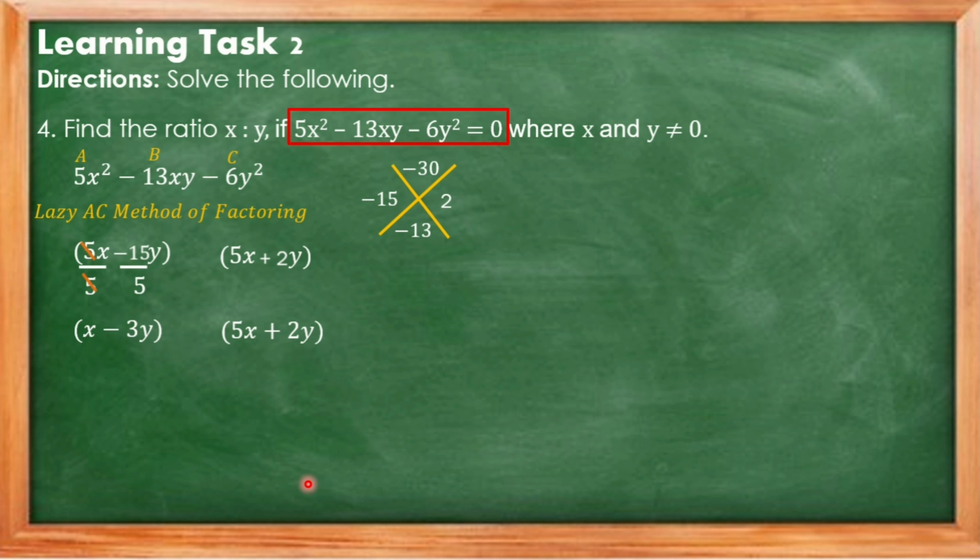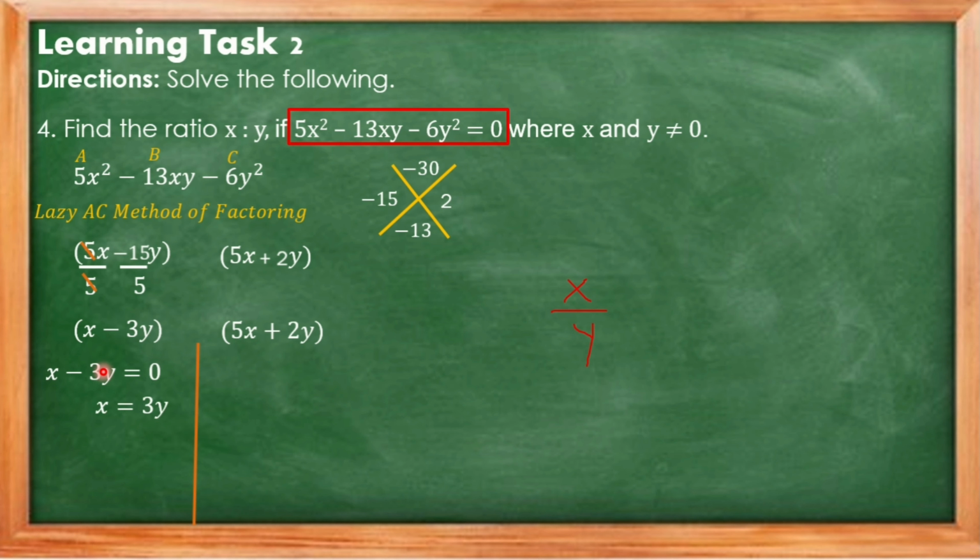Okay, sunod, ang gagawin lang natin ay i-equate lang natin ang mga ito sa 0. Yan. So, i-rewrite lang natin yan. So, x minus 3y is equals to 0. So, dahil kailangan natin magkaroon ng x is to y or x over y, ilipat muna natin tong negative 3y dito sa kabilang side ng equation.